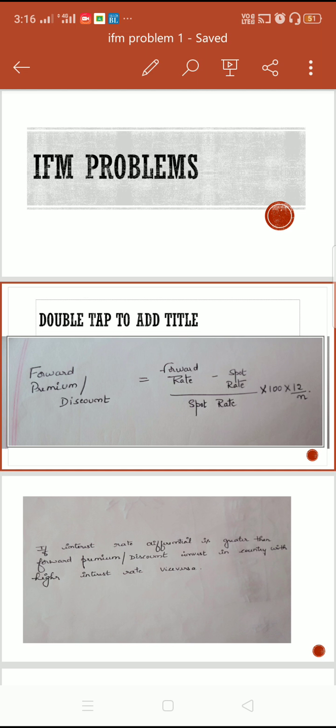Forward rate is, for example, the rate after 3 months, after 6 months, or after a year. Spot rate is the rate right now in the market. Then multiply it by 100, and 12 divided by n, where n is the period, that is 6 months, 3 months, whatever period is given.